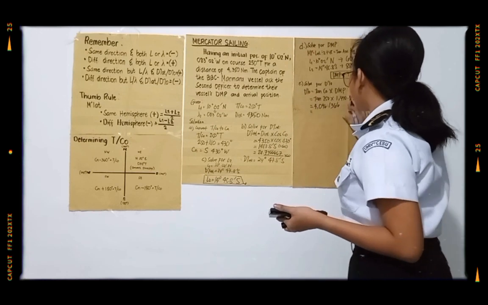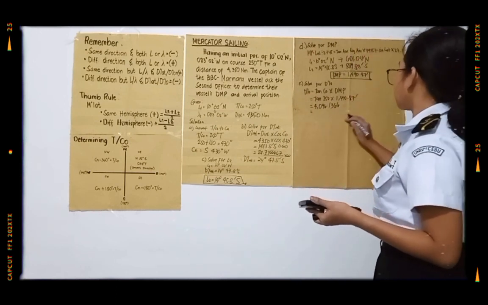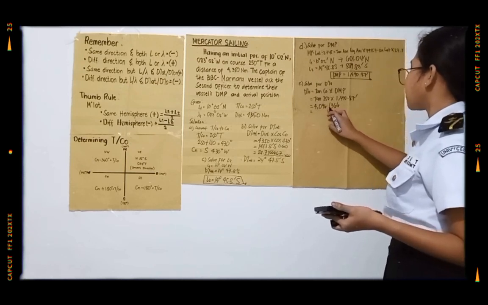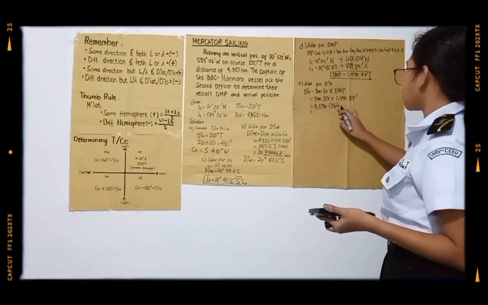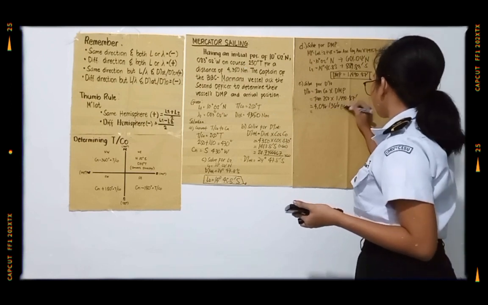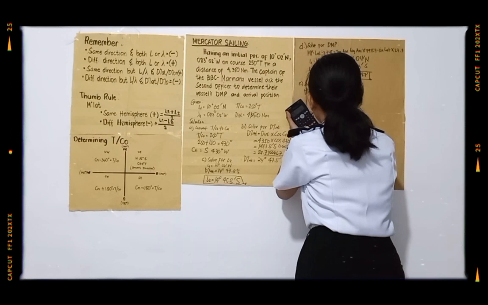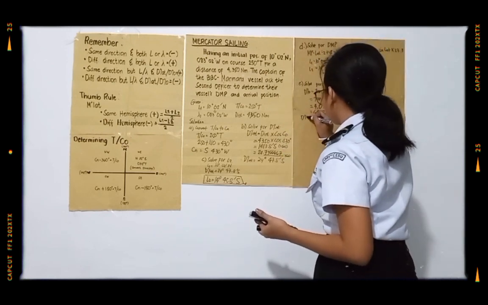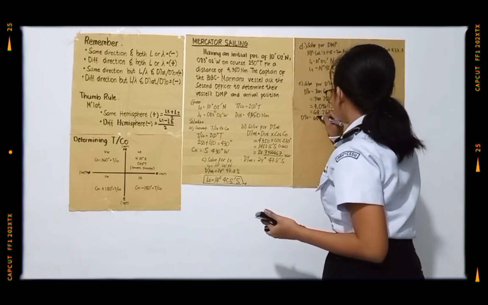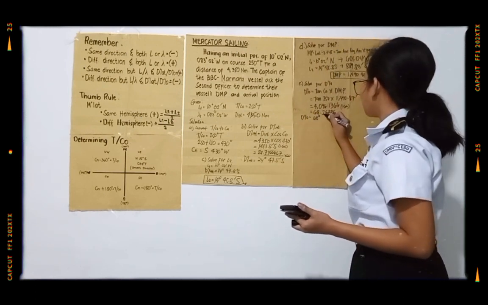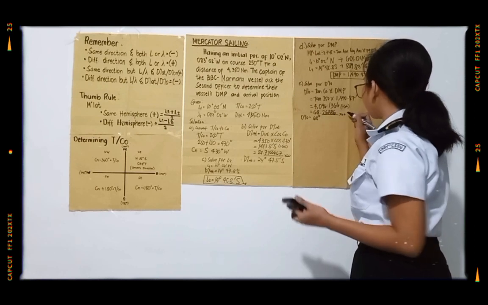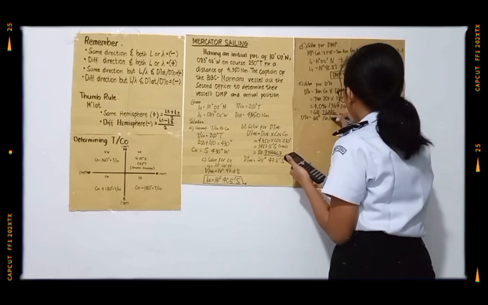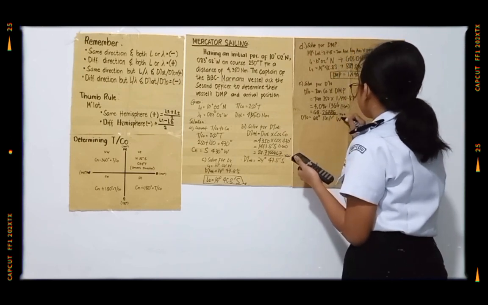So we need to convert this into degrees and minutes. So we must divide 4,096.1366 by 60. So we have D long is equal to 68 degrees. Then multiply this by 60. We have 16.1 minutes west.